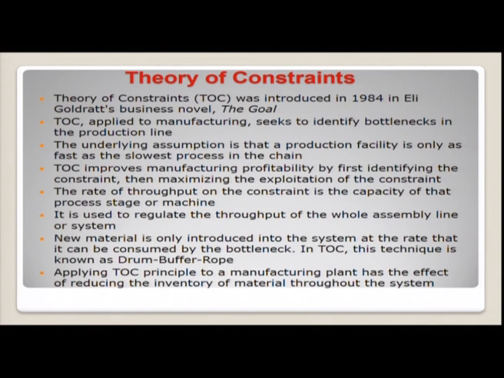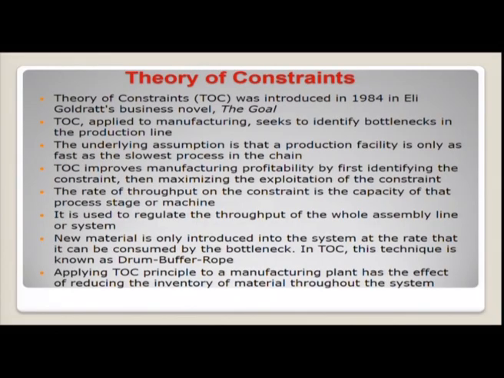The underlying assumption for this theory is that a production facility is only as fast as the slowest process in the chain. Theory of constraints improves manufacturing profitability by first identifying the constraint, then maximizing the exploitation of the constraint.